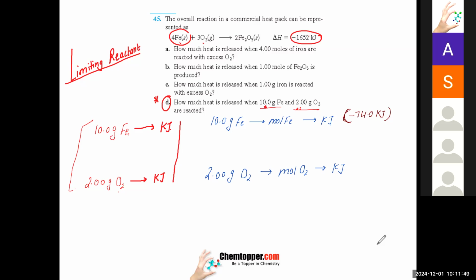Because you're converting O2 gas to moles of O2 to kilojoules using this molar ratio. 3 moles of O2 and 1652 kilojoules of energy released. Okay, this time Krishav is getting something else. Arnav, what's the answer?